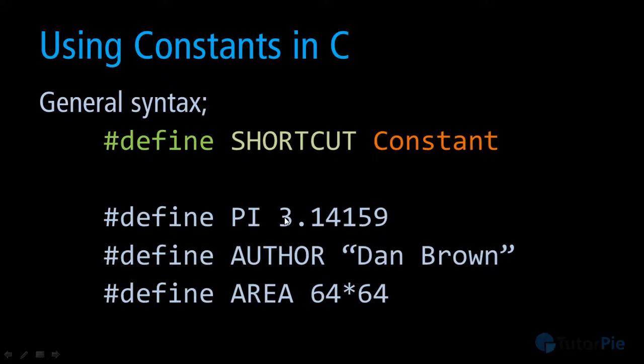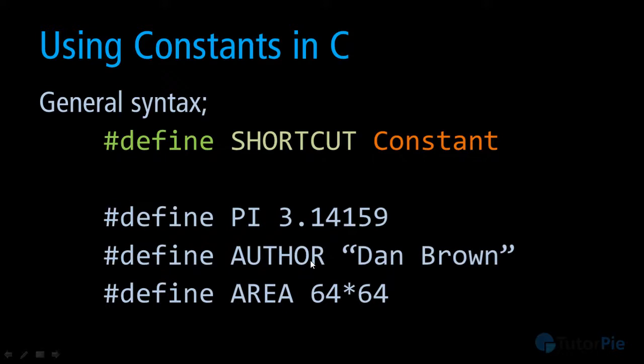Constants' values can be integers or floating point numbers such as the pi value, and it can also be a string. Like here in this example, you can see the AUTHOR constant is defined as Dan Brown, and Dan Brown is a string. Therefore, you can see the string is placed within double quotes.